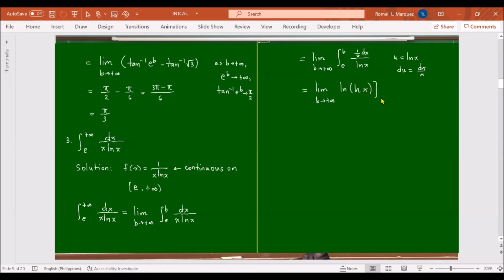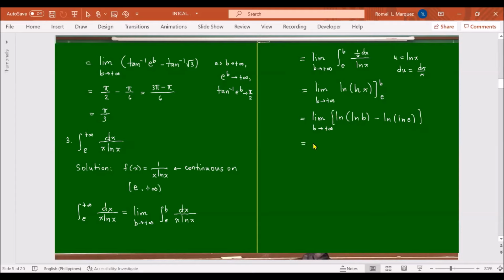So we now have from e to b, and the limit as b approaches positive infinity. Applying the upper limit, we get ln of ln b, and then minus ln of ln e. But ln e is what? ln e is equal to 1.